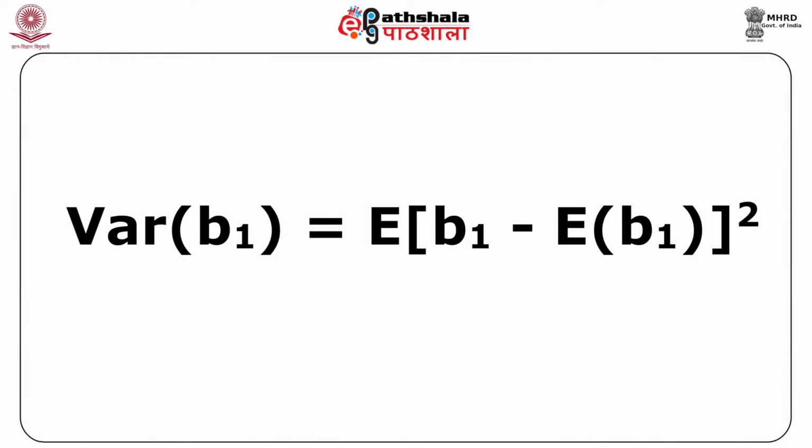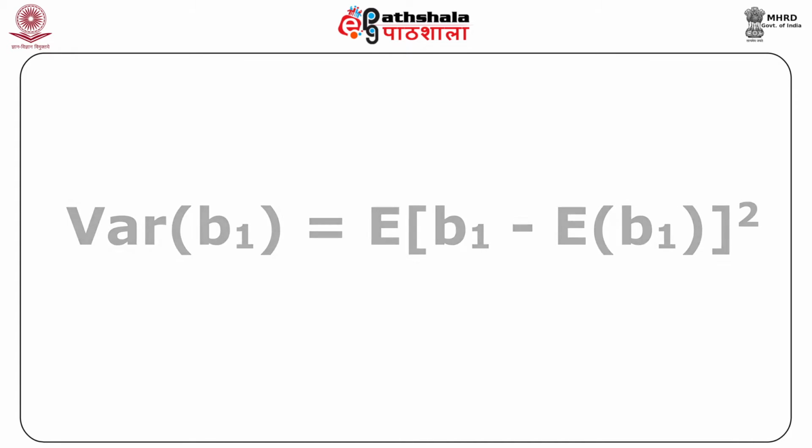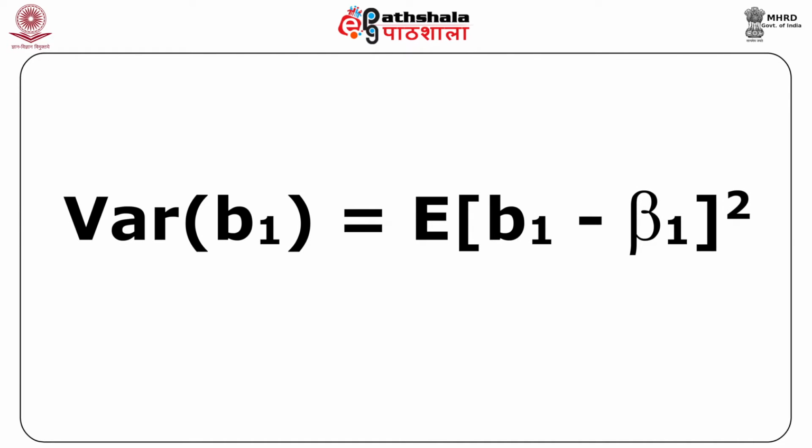Mathematically, variance of B1 is equal to expectation of (B1 minus expectation of B1) whole square. We know that expectation of B1 is equal to beta 1, so variance of B1 is equal to expectation of (B1 minus beta 1) whole square.